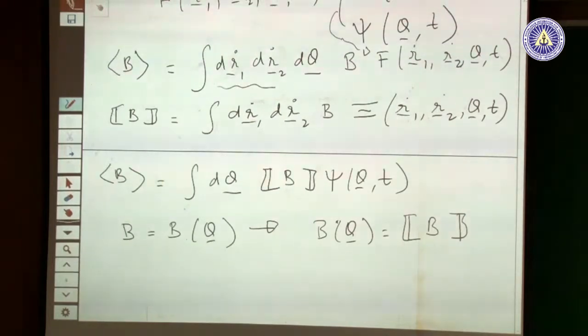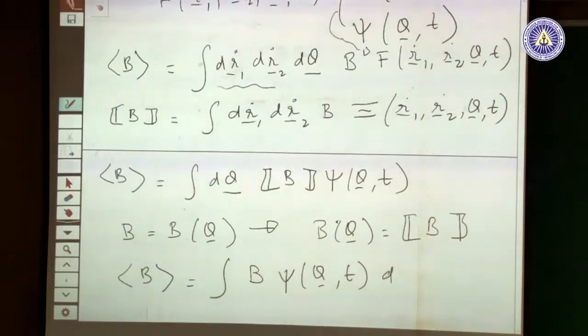B would come out of this integral and you would just get a normalized term, and therefore the average of B is the integral of B times psi(q, t) dq, when B is only a function of q. Maybe I should make that clear.